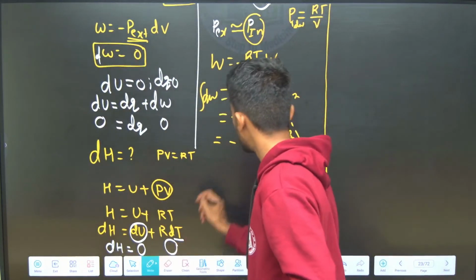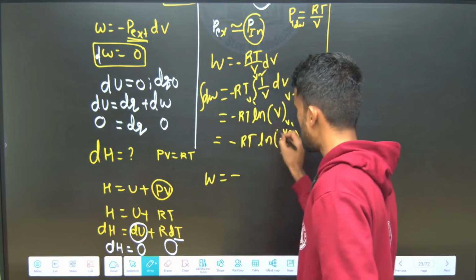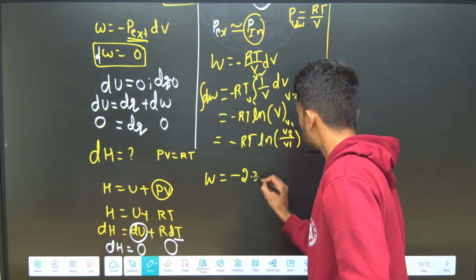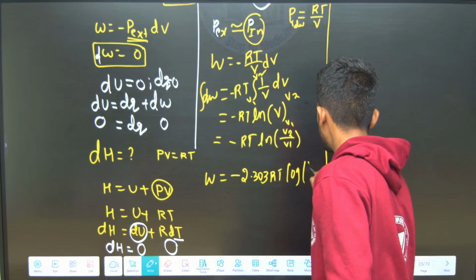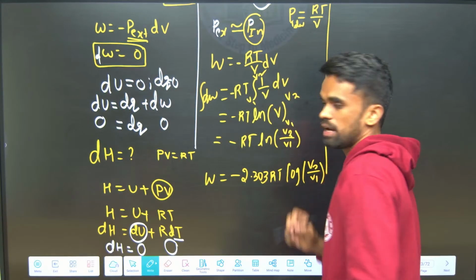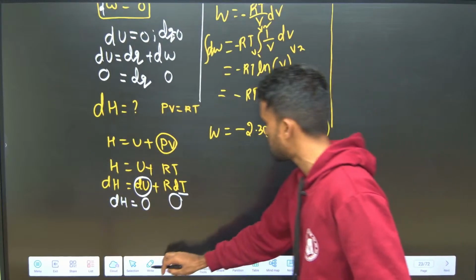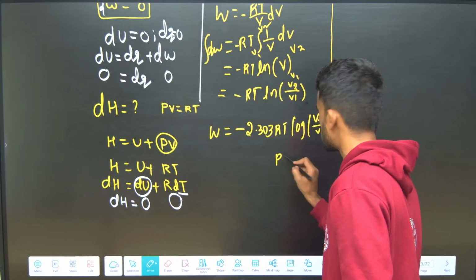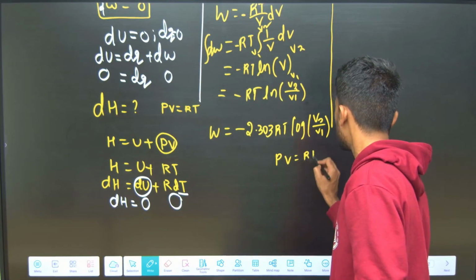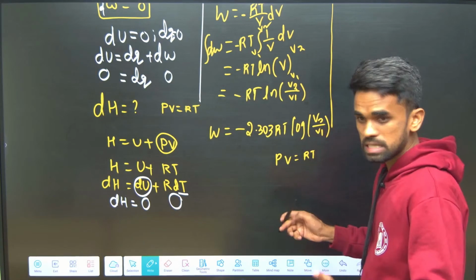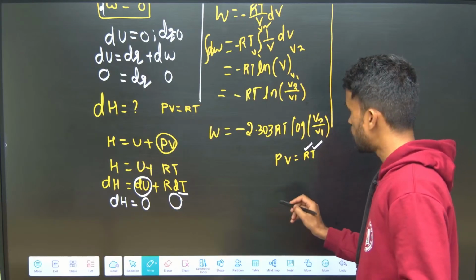So the work done will be W equals minus RT ln V2 by V1, and ln can also be written in log terms as 2.303 RT log V2 by V1. Now in terms of pressure: PV equals nRT, but in an isothermal process temperature is constant, and R is already constant for a particular gas.